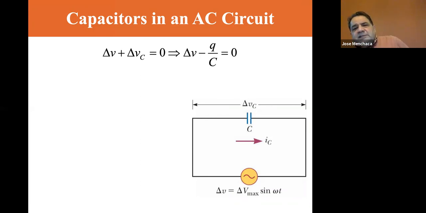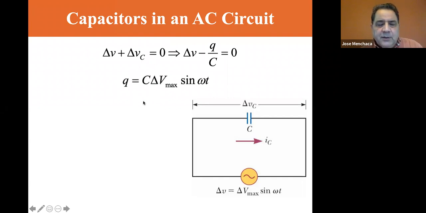Well, what is delta V_C? It's the charge divided by the capacitance. Delta V minus Q divided by C equals 0. And so Q, the charge, is equal to C times delta V max sine omega t.